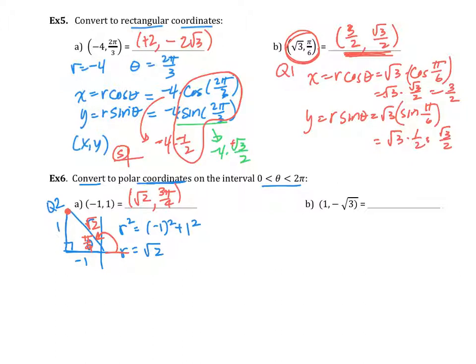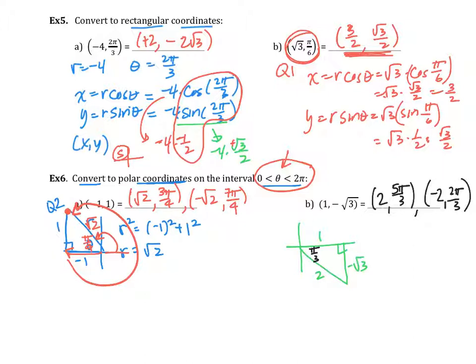Or I can go -√2, so I go back this direction, but I still rotate positively, and that would be a rotation of 7 pi over 4. So there are my two polar coordinates that represent that point, and those polar coordinates have angles between 0 and 2 pi. So why don't you pause and try letter B on your own.